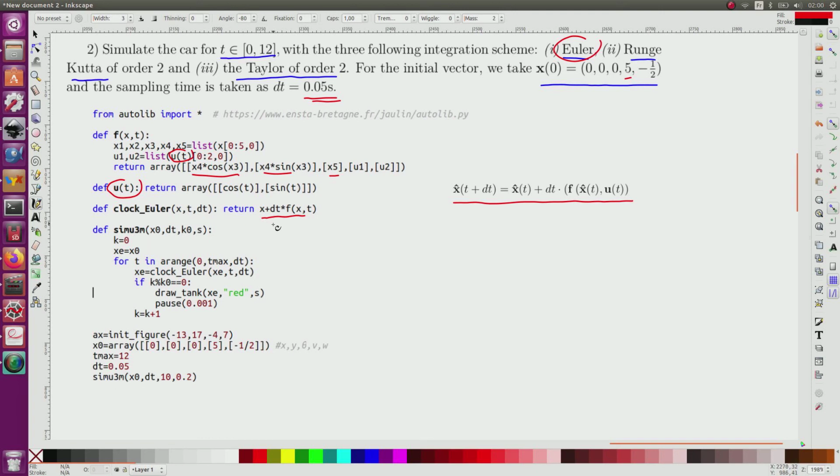I will use this one to compare the 3 methods. So I have an integration loop where the state for Euler is initialized to x0, sent as a parameter to this function, and k0 is just a function not to draw at each step, but every k0, where k0 is here equal to 10. So every 10 sampling times, I will draw the robot.